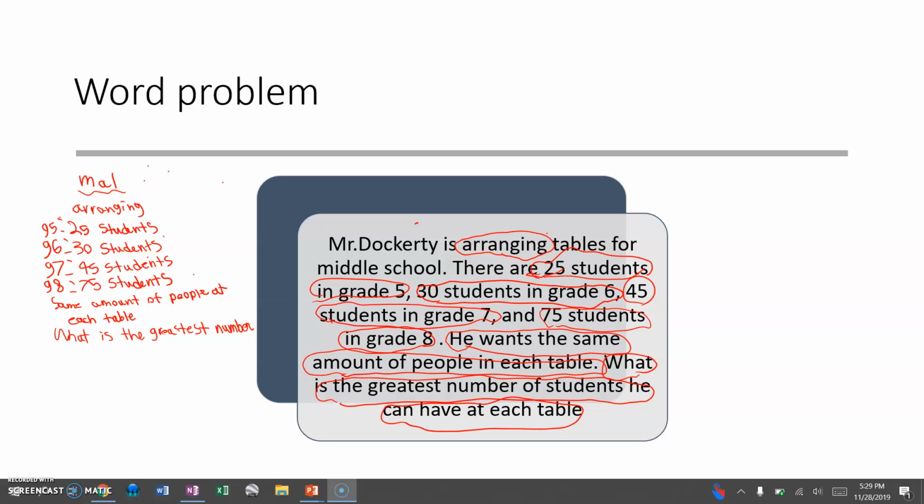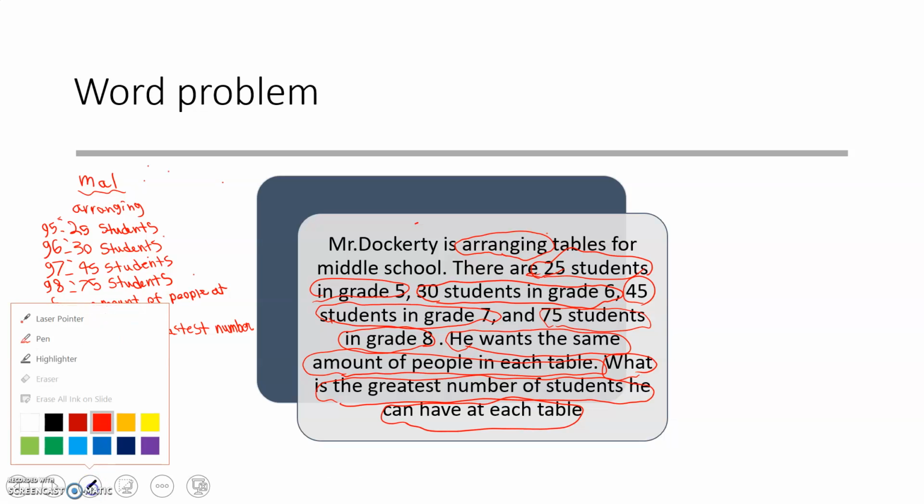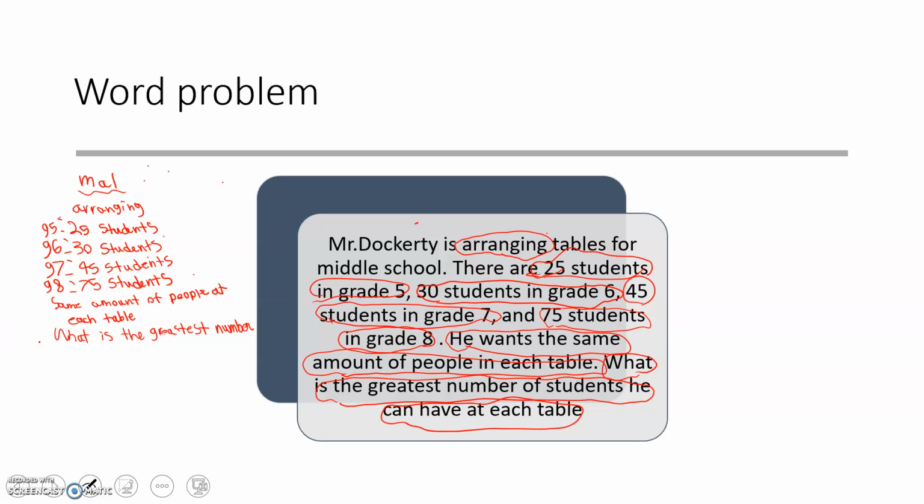So now we've made our list, we can do the real question. So let's do the factor trees method.